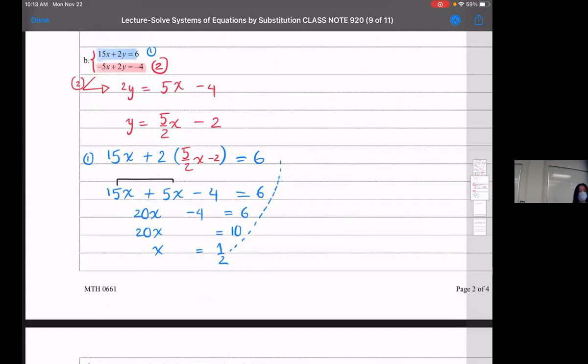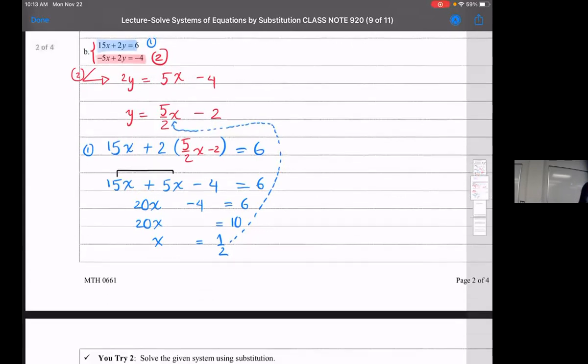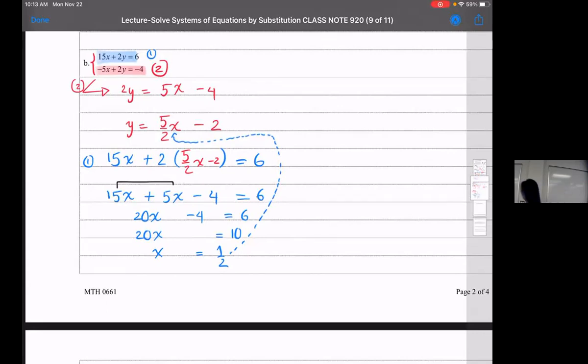Good, thank you. And now I'm going to substitute that 1/2 into the second equation. You can choose the very original one, you can choose the one that I highlighted, or you can choose the one that you already solved for y. I like this one because the y is already solved for.